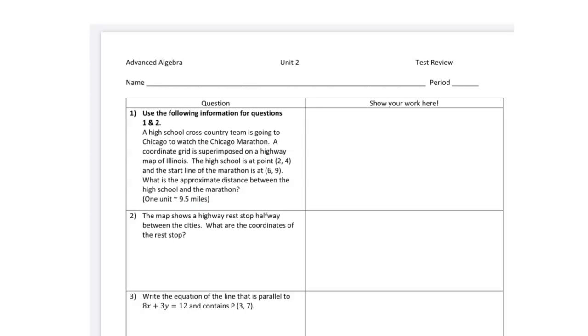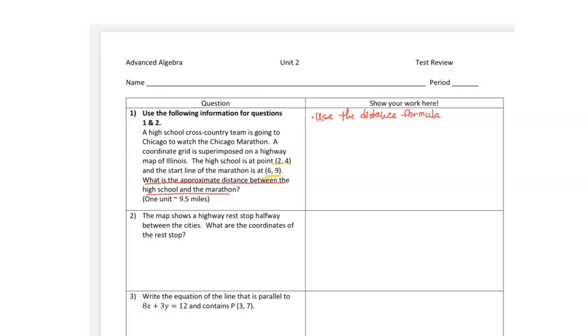For this problem, first think about the question being posed. What is the approximate distance between the high school and the marathon? You'll need to use the distance formula to calculate the distance between the high school, located at (2, 4), and the marathon, at (6, 9).